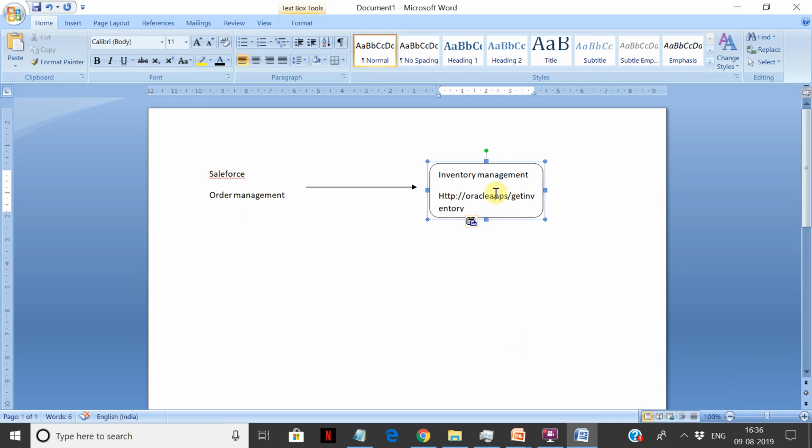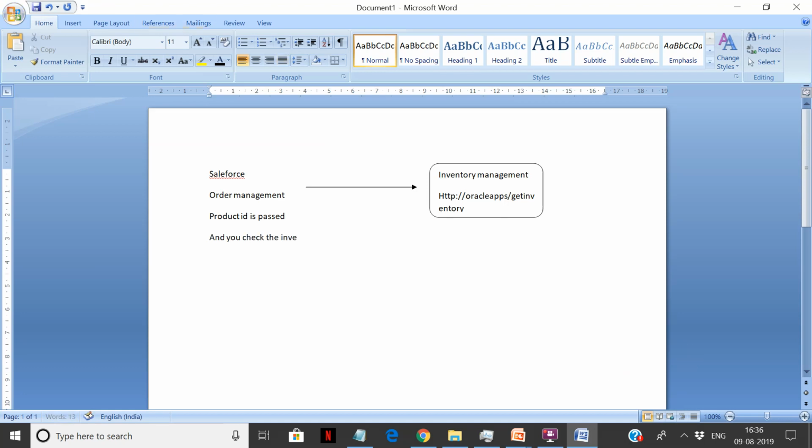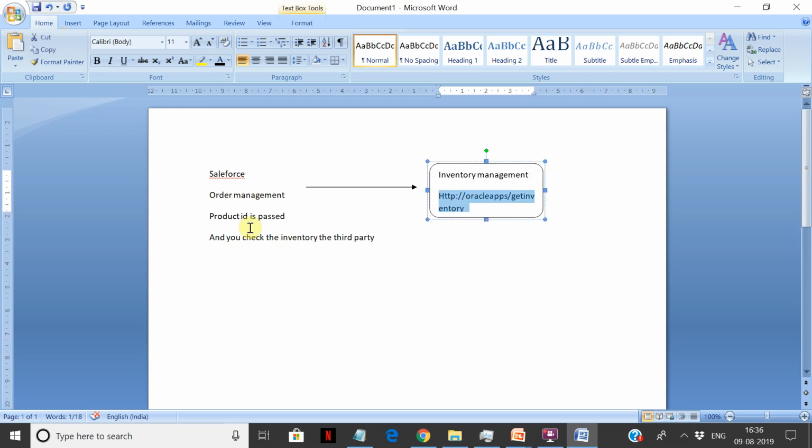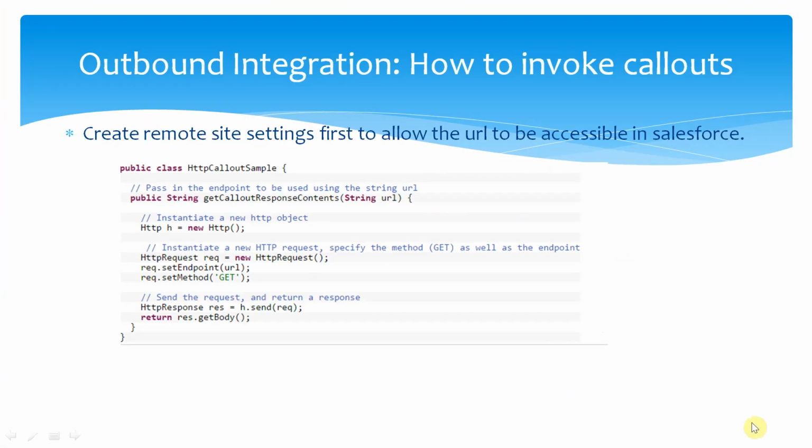Imagine you're passing the product ID to the third party and checking the inventory. The third party will return the values of the inventory, like currently how much is available, how much is not. So this is exposed via an HTTP call, and Salesforce has to make a call to the external system. That is the first kind of integration that we will see.